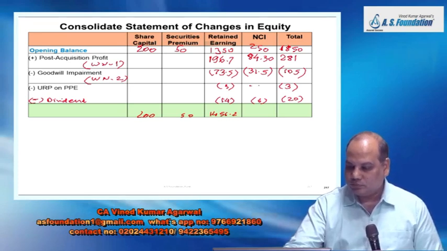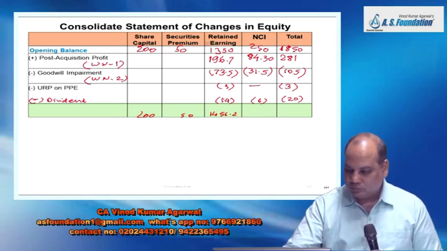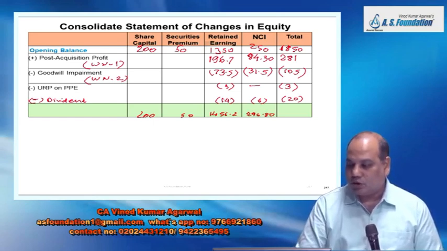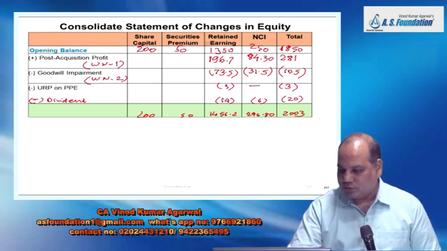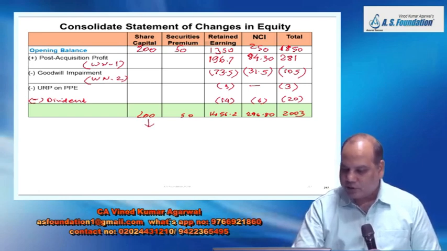NCI total 296.8. Total of total 2003. This figure we have written already in the balance sheet.